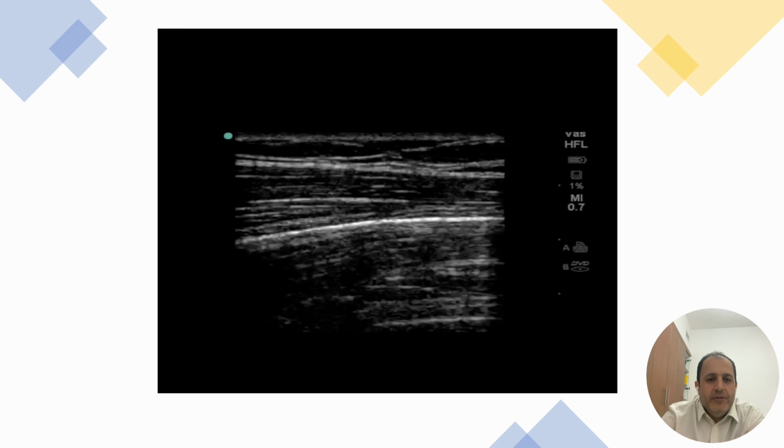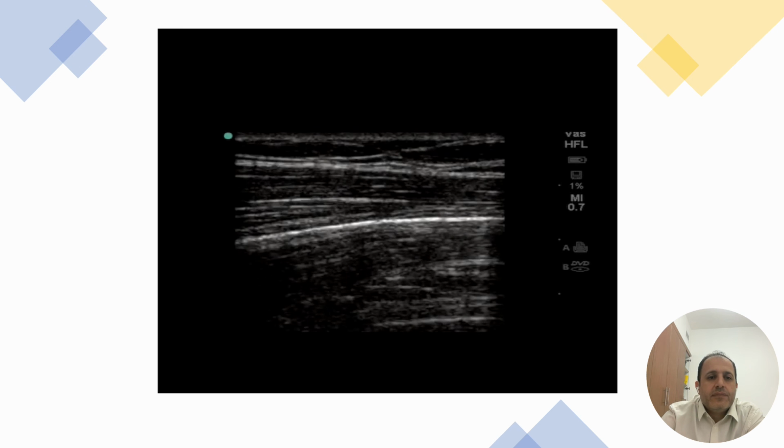So if you see seashore, you can see some parts like a shore. So it is the seashore sign, and it is not pneumothorax. But if you see all parts like a barcode sign, there is no seashore. In these cases, we diagnose pneumothorax.